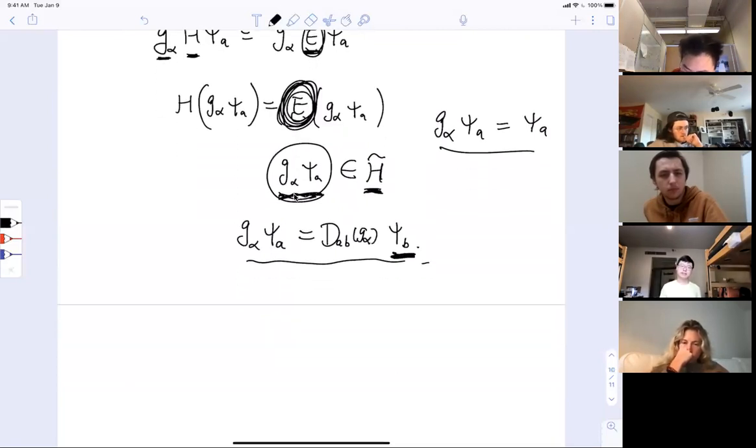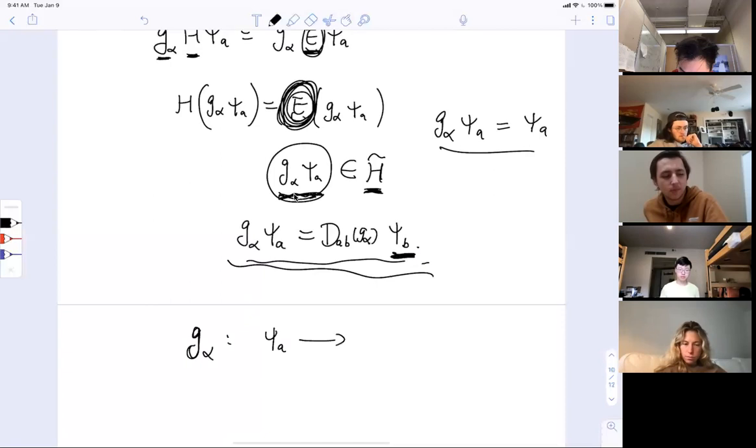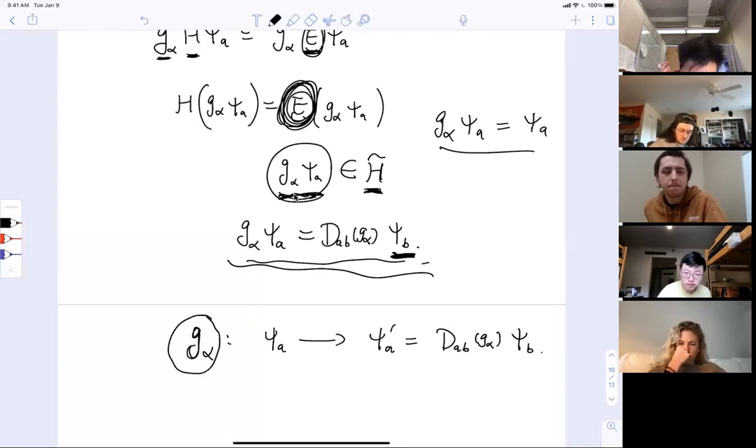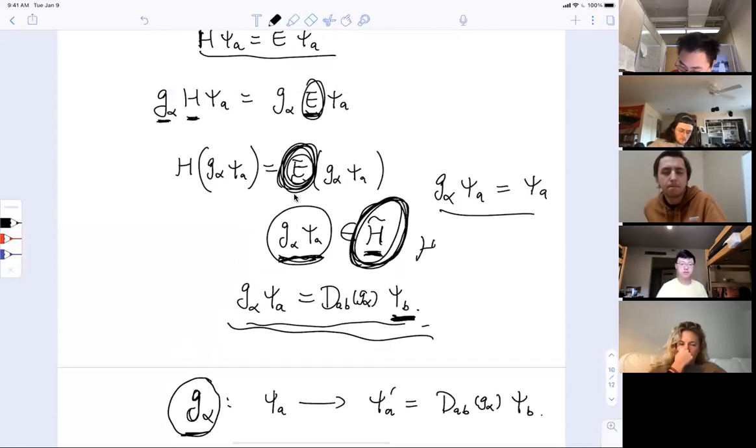And then you realize that here, we already get a representation of this group, because what I'm doing here is, under the action of this G alpha, I map my state A to a new state, which is given by the sum over B of D_AB(G alpha) psi B. Meaning that we are acting with this kind of group elements on the subspace of this H tilde.